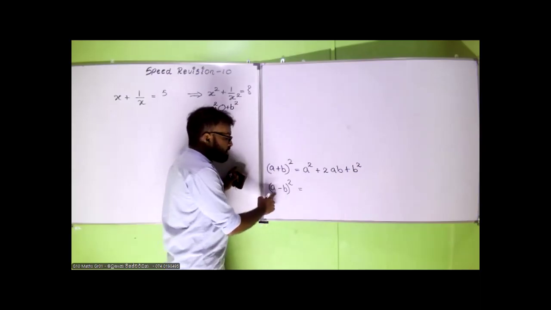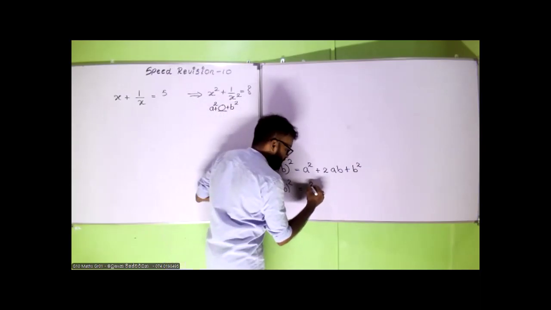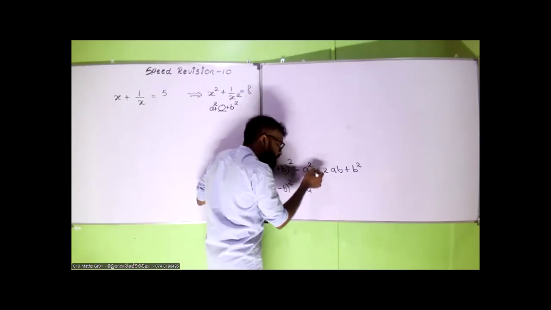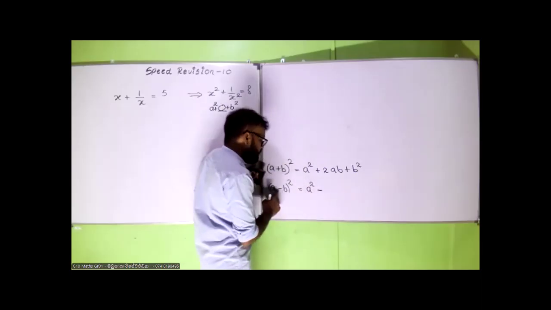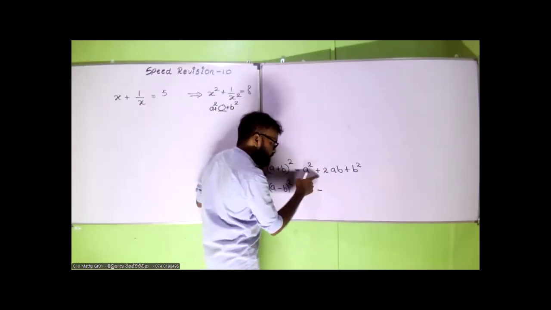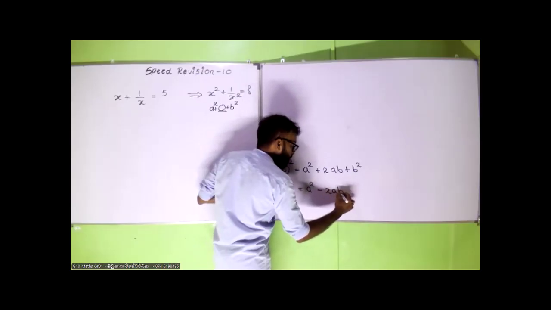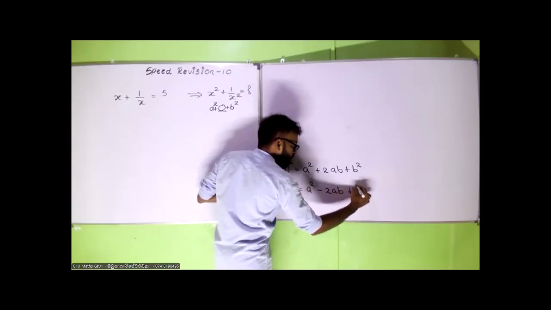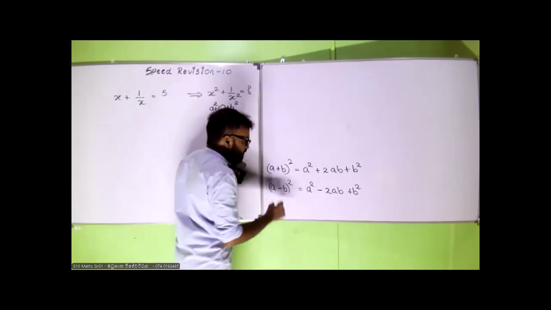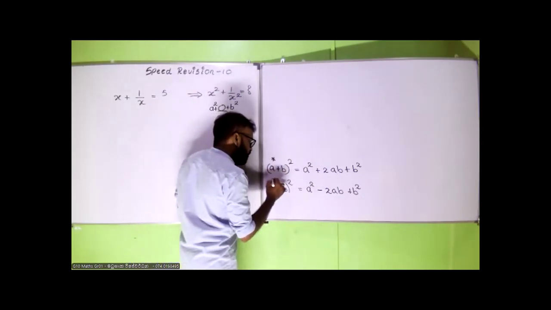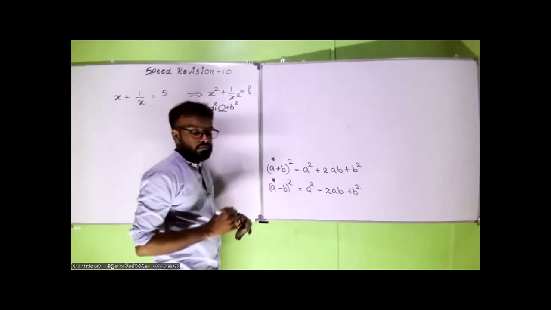Then a minus b squared is the same, but the middle term's sign becomes negative: a squared minus 2ab plus b squared. So we can use either this one or this one to do this question.